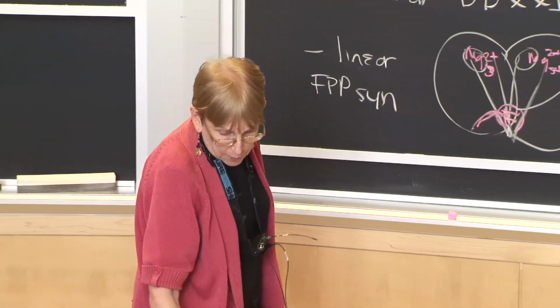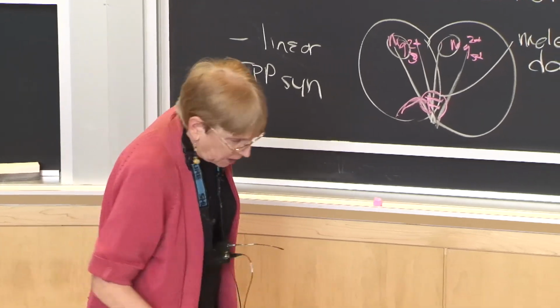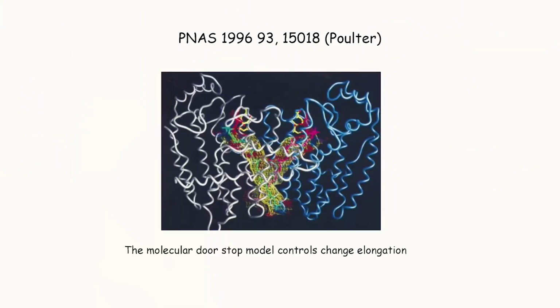So if you look, I think the next slide has a picture of this. Again, this is graphics from really quite some time ago now, 1996, so the pictures aren't very good. But you can see sort of the tunnel, and the metal binding sites are actually up there. And if you look at the structure, you can see the phenylalanine.